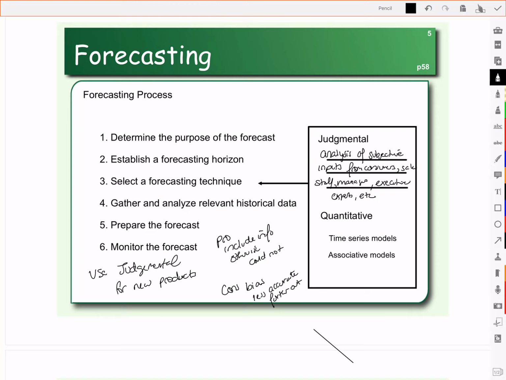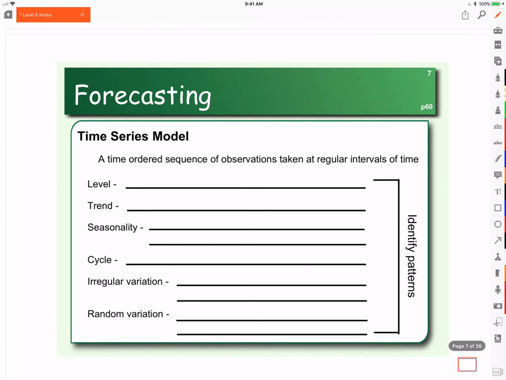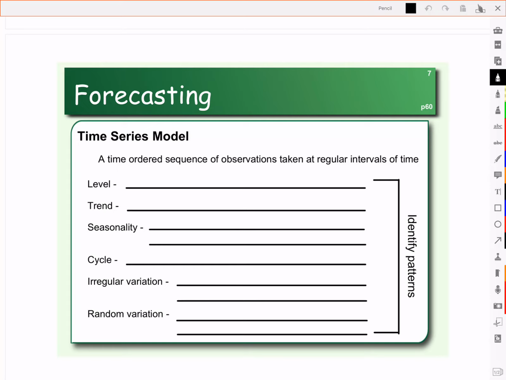So as we start to look at our forecasting methods, we need to be able to identify some of the patterns in information over time. So as we look at time series models, we're looking at patterns over time. And we can have different types of patterns.